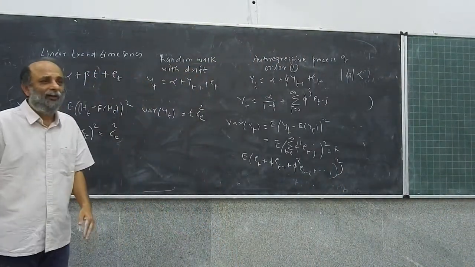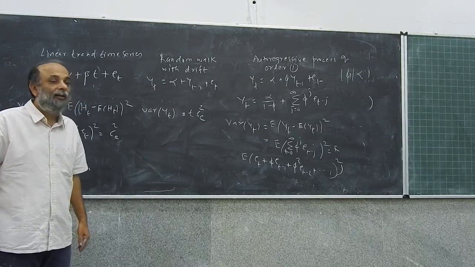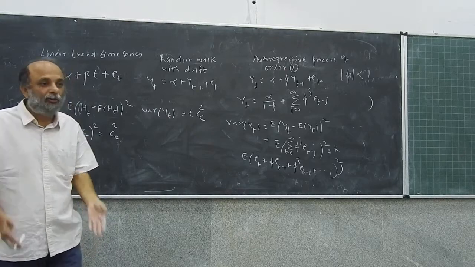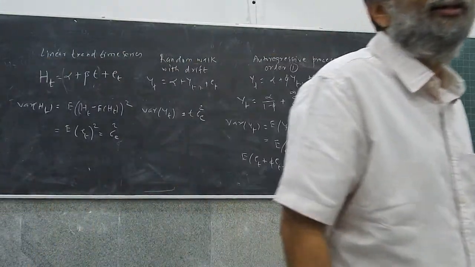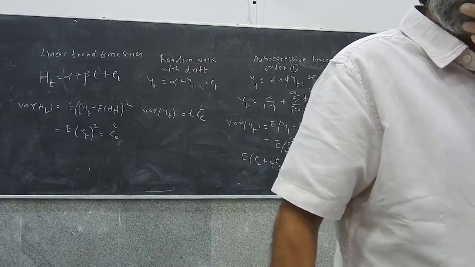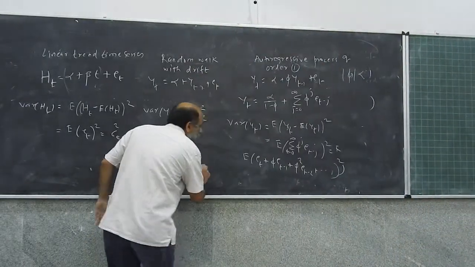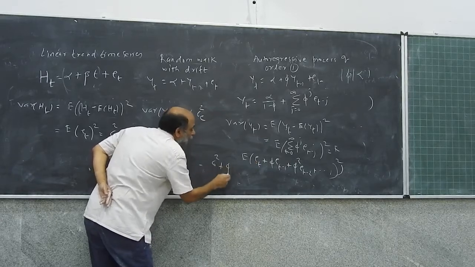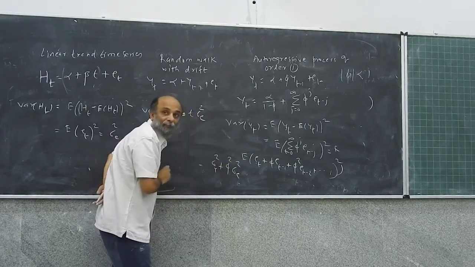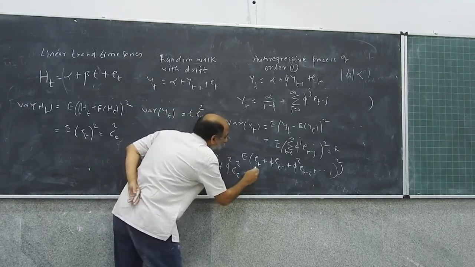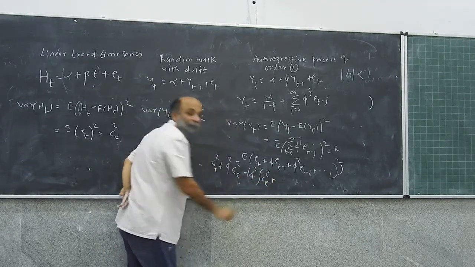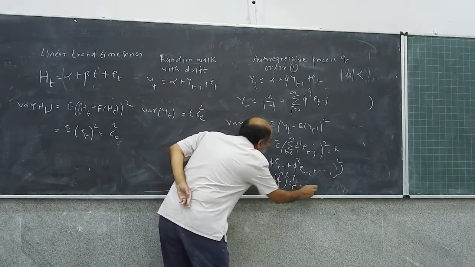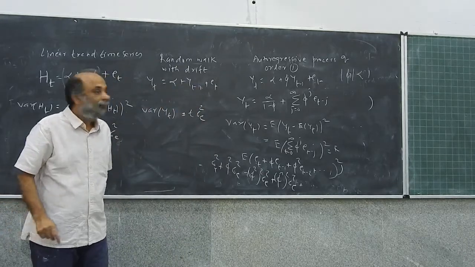Who's saying 0, on the right? But you are looking at the expected Et square, not E. There is a square there. Perfect. So this first part will be only sigma square. The second part will be phi square sigma square, whereas the next part will be phi square squared sigma square, plus the next part will be phi cube squared sigma square, and so on. Right?